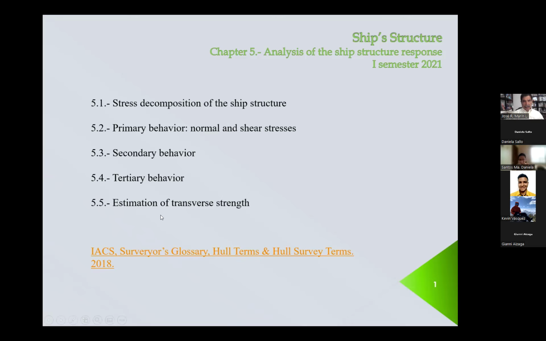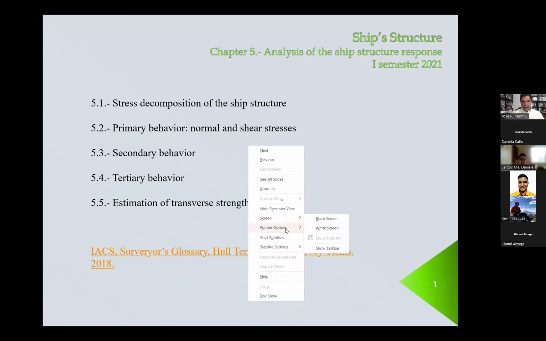So I'm going to post this report from IACS. Okay, I'm going to write here what IACS means. It's a good idea for you to start learning about this terminology.